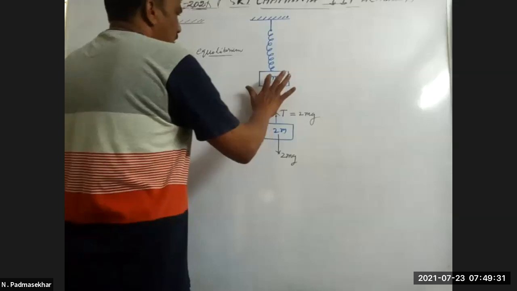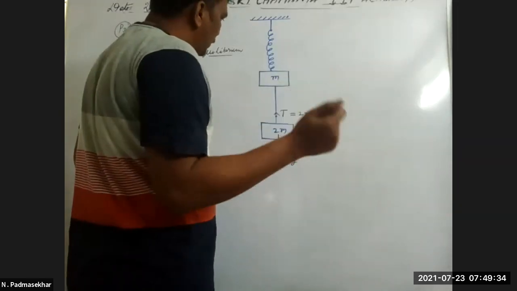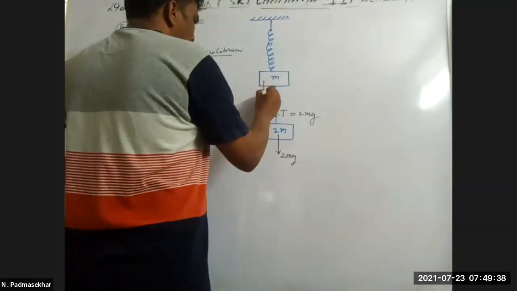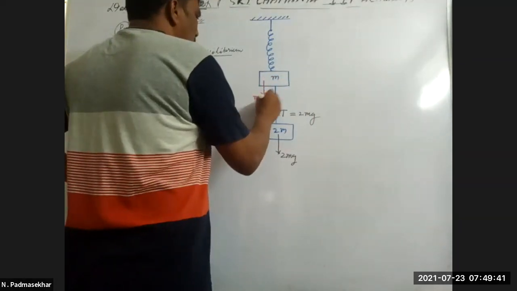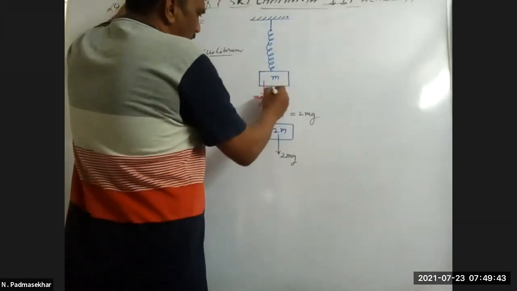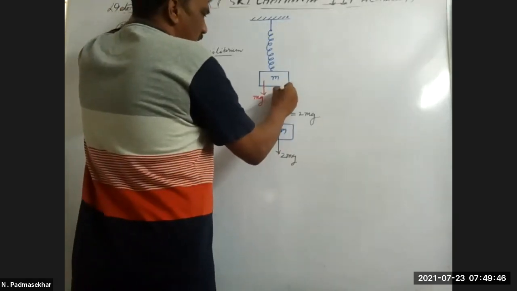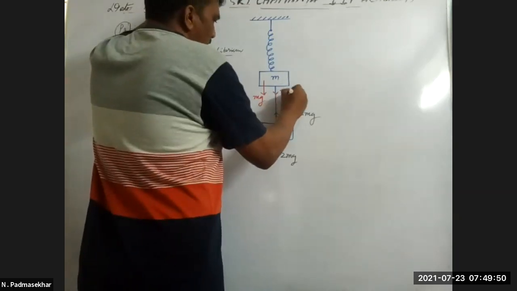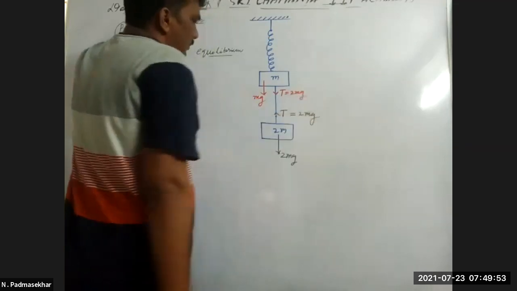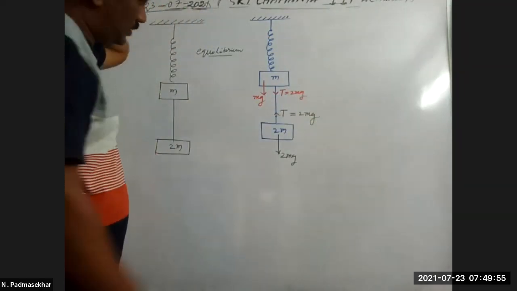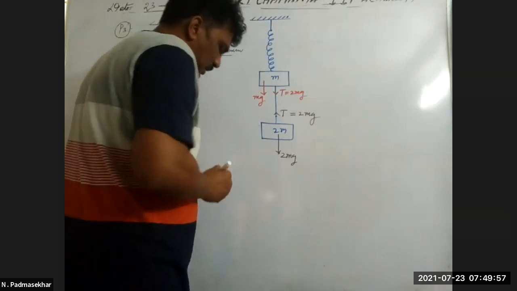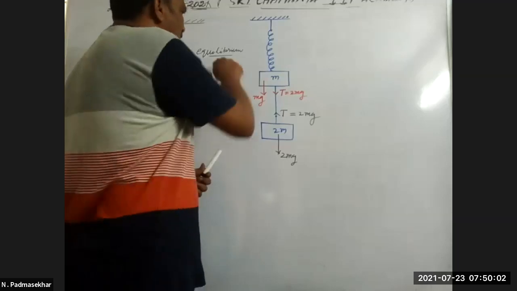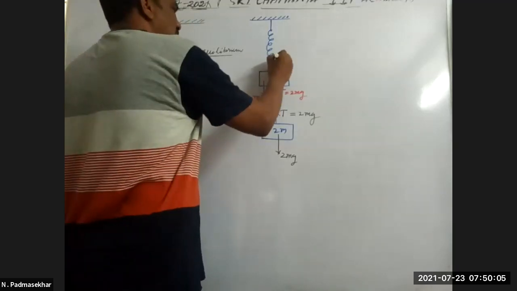And see, this block is in equilibrium. The weight is acting downwards, mg, and for this block, tension is in this direction, T, and T is equal to 2mg. So mg acts, tension acts, and for it to be in equilibrium, what force acts here?